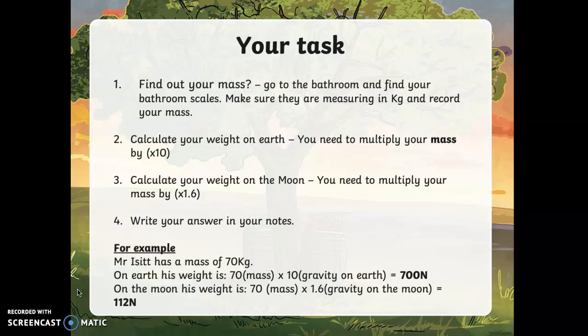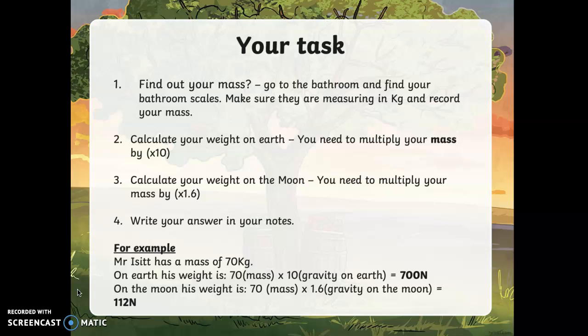Then you're going to try and calculate your weight on the moon. So you need to multiply your mass by 1.6. Again, write your answer down in your notes. For example, here is myself. Mr. Isaac, which is me, has a mass of 70 kilos. Maybe a little bit more now, post-Christmas. But the last time I measured, I was 70 kilos.